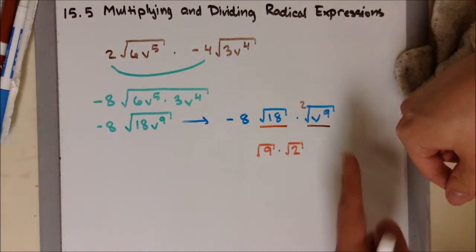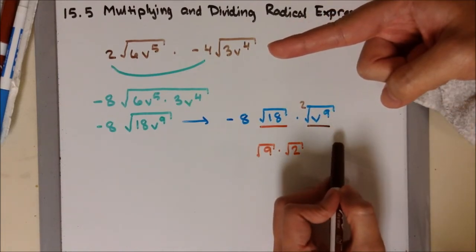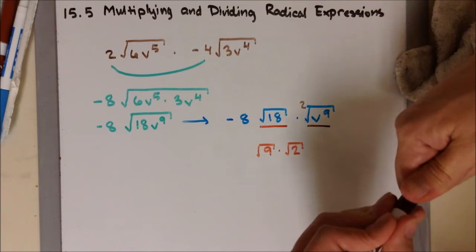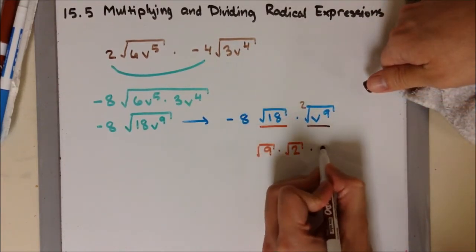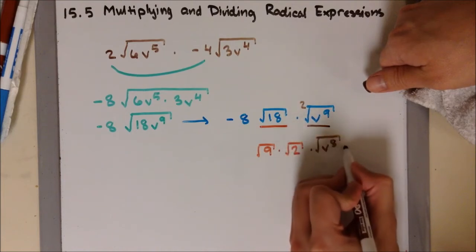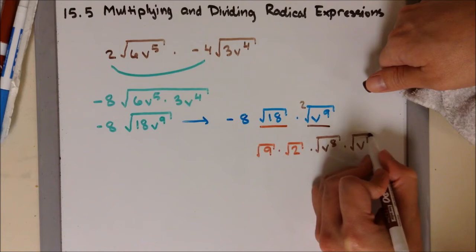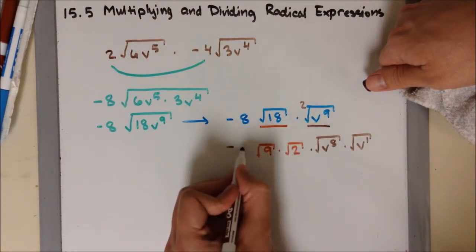So starting with 9, if I take 1 away, I'm going to have 8 left. 2 can go into 8. So I'm going to write v to the 8th power inside the square root times v to the 1 power that I took away. And I still have that negative 8 outside.